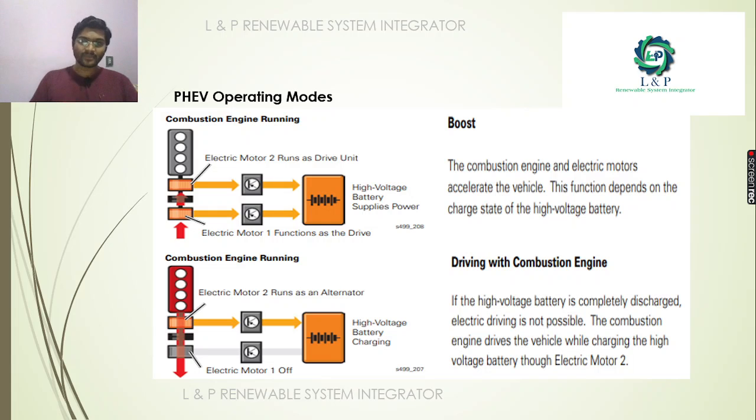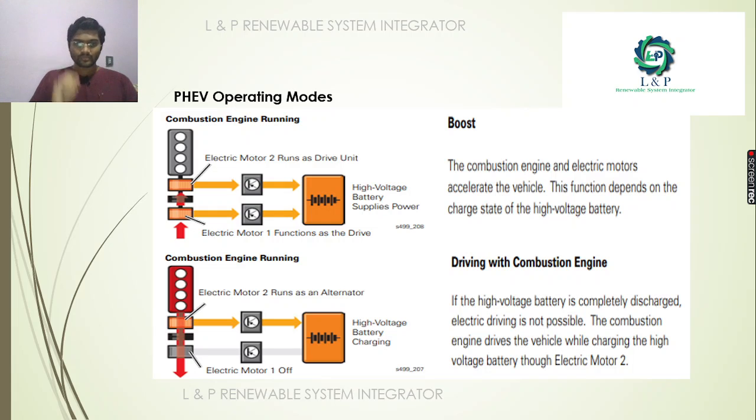And the third concept is the boost concept. What will happen here? The combustion engine is running, so if we enable this boost, both electric motor 1 and 2 run as a drive unit.